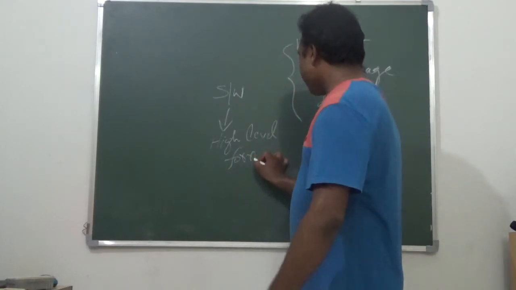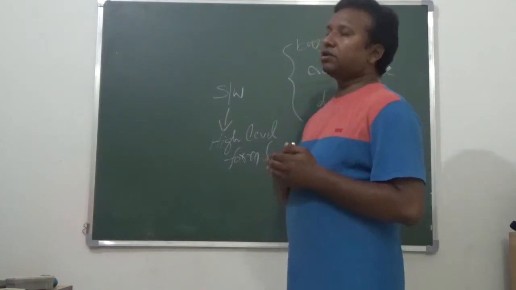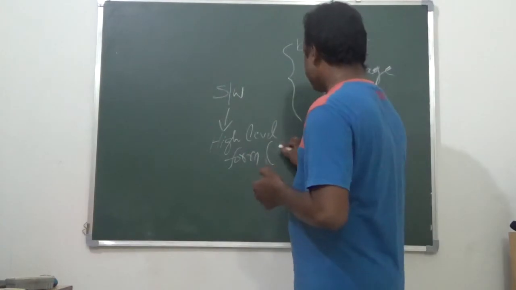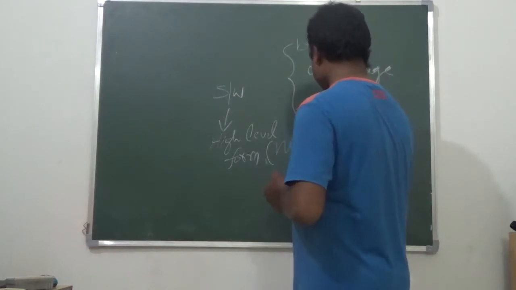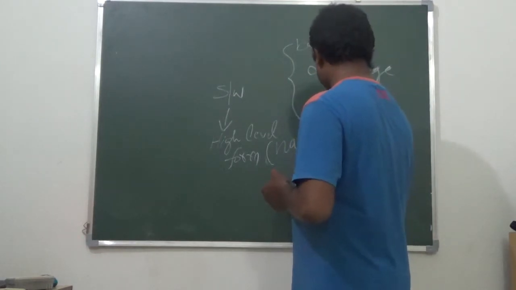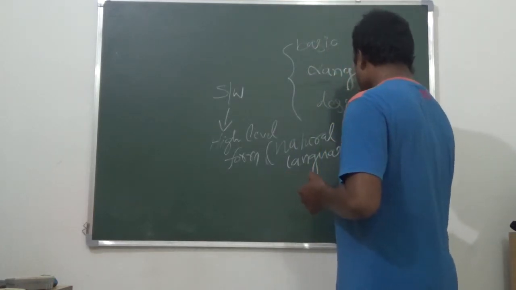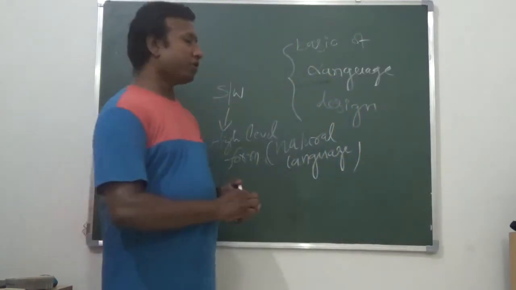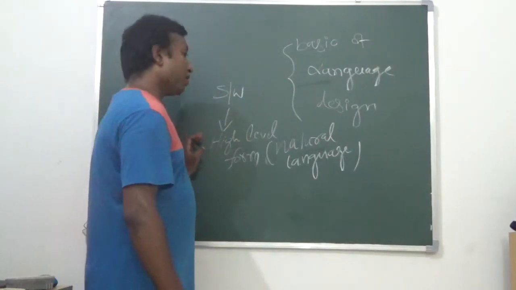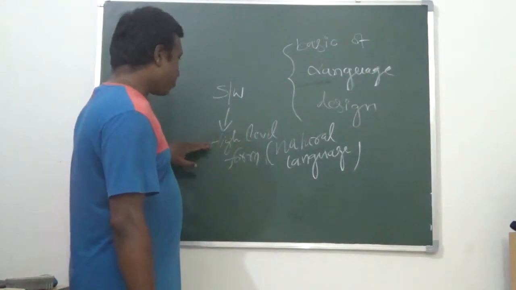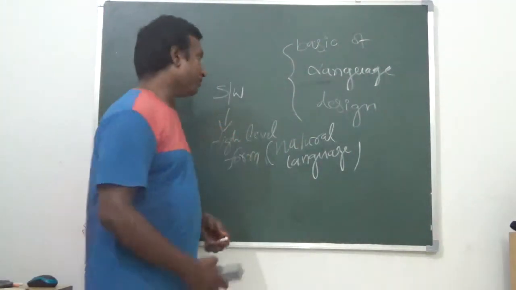So what is high level form? Normally, high level form means the language should be written in natural language. So we are not going to use binaries, neither are we going to use assemblies, but we are going to use natural language to write the program and design the software.